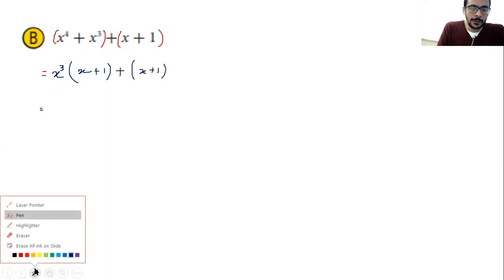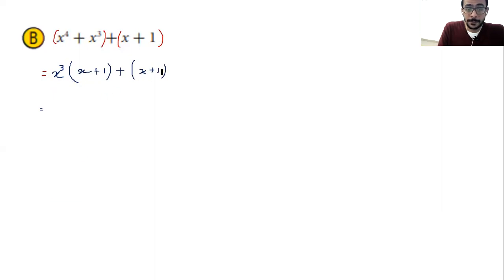Now, the common factor here is x plus 1. What we have to do is take one of them as a common factor, right? The remainder from the first is x power 3, the same.